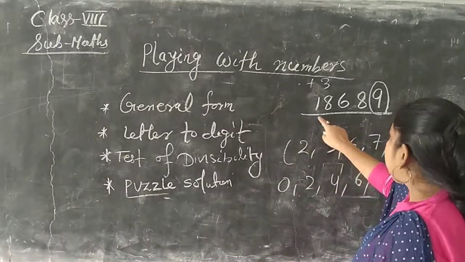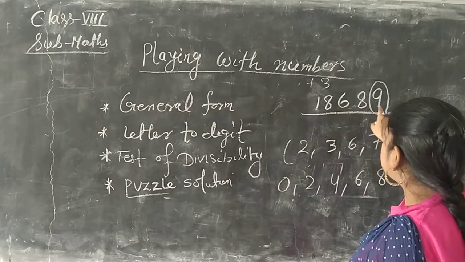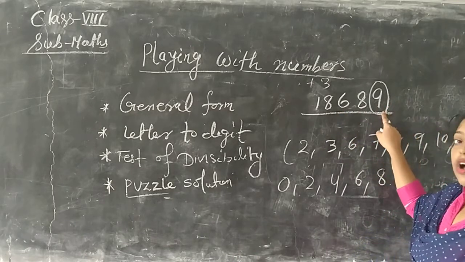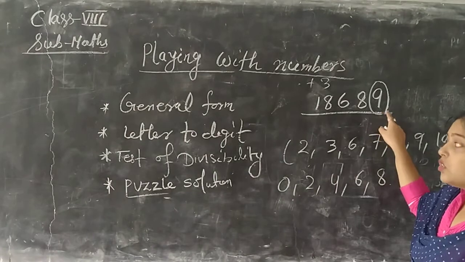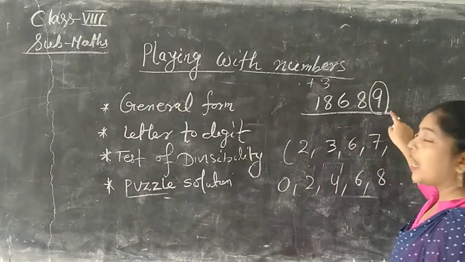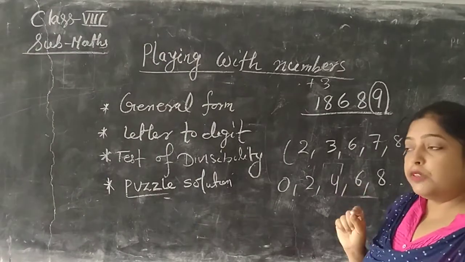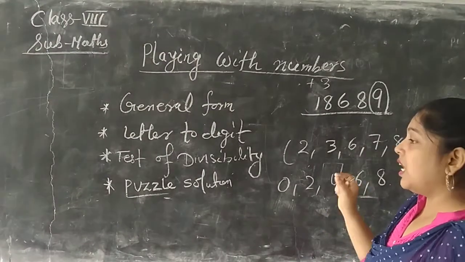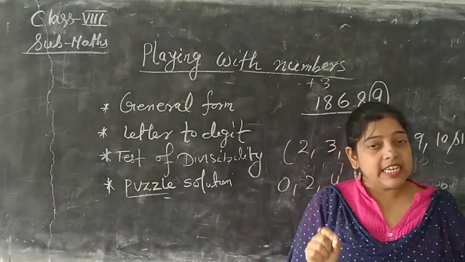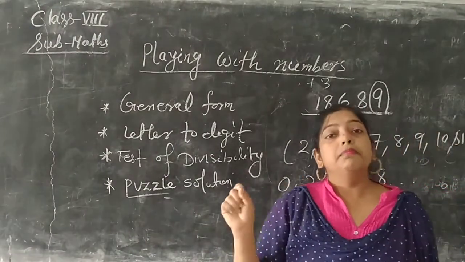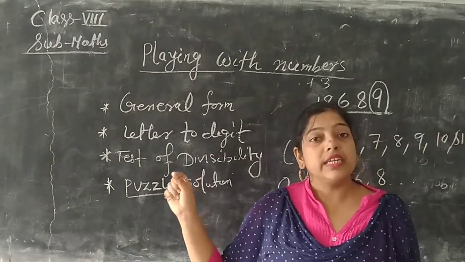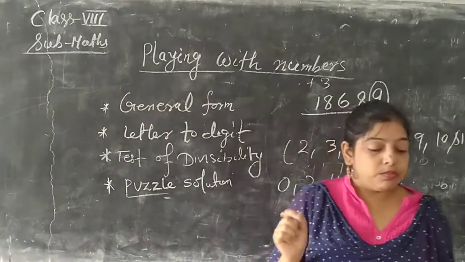In the example 18689, 9 is not divisible by 2, so this number is not divisible by 2. So a number is divisible by 2 if the last unit digit is a multiple of 2, meaning 0, 2, 4, 6, 8.